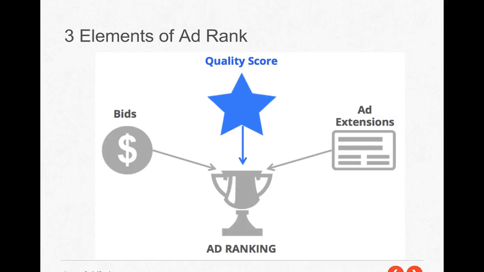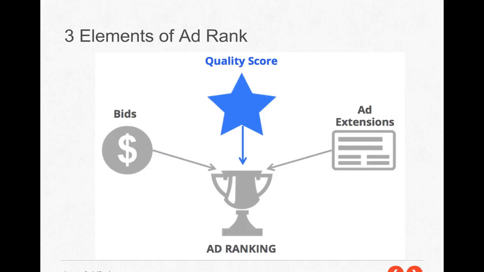Now, this is something that I'm going to preach throughout the entirety of this course: focus on relevance. If you're going after a keyword of red shoes, you want your ad to talk about red shoes, and you want them to be sent to a page that has red shoes on it. That's the best relevance that you can have.